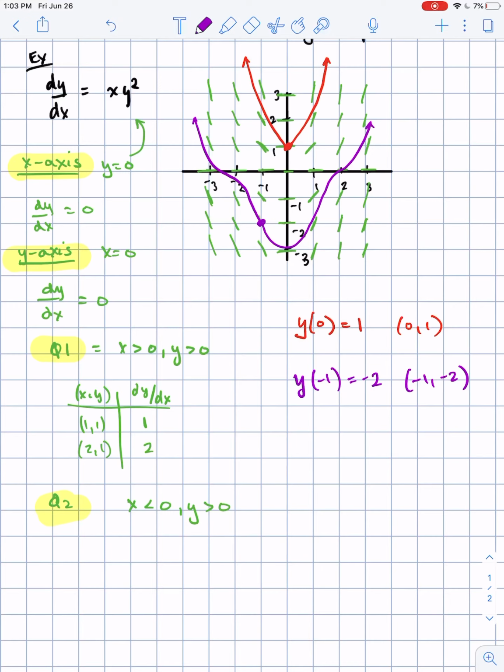So you can see how that's going to look with that slope equation, almost like it's going to be an even function. You can see how the graph would look with those little slopes, and that guides your way through. All right, so that's slope fields.